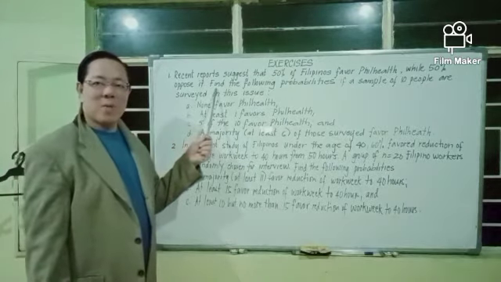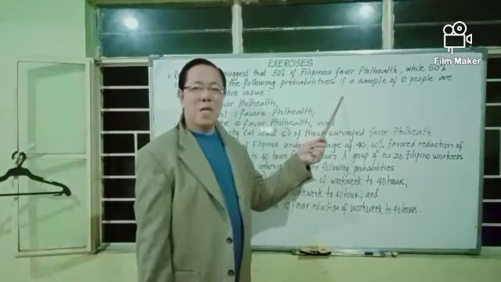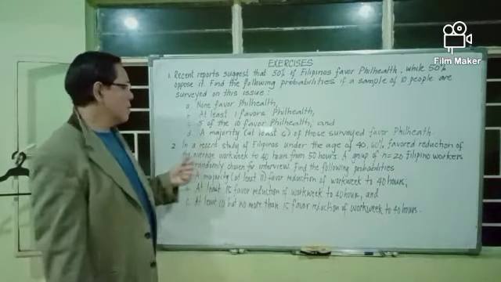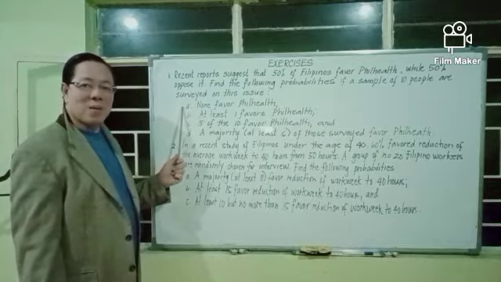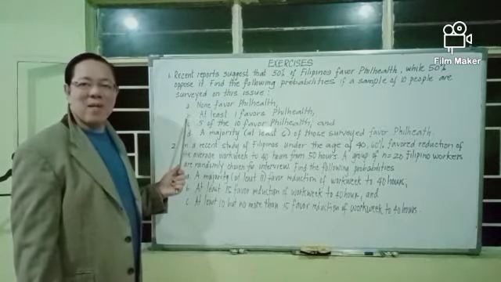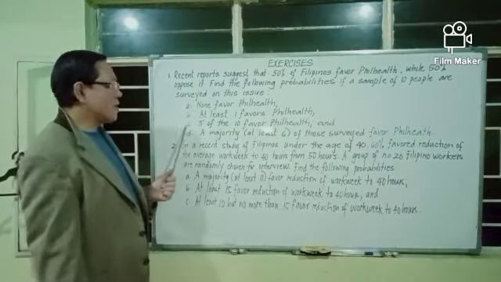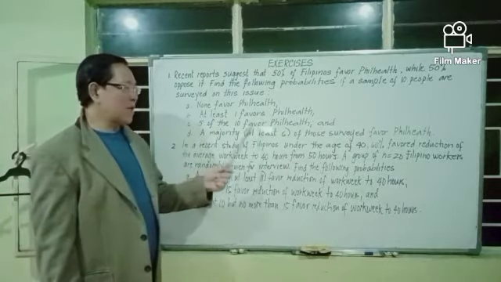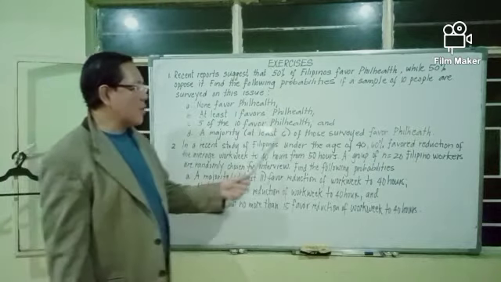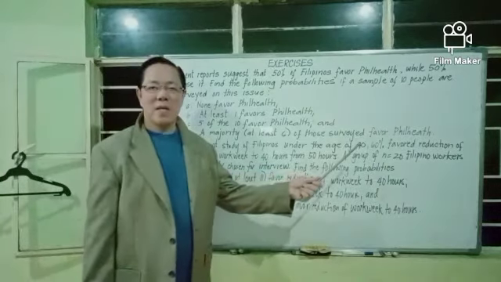Find the following probabilities if a sample of 10 people are surveyed on this issue. Letter A, none favor PhilHealth. Letter B, at least one favors PhilHealth. Letter C, 5 of the 10 favor PhilHealth. And letter D, a majority of those surveyed favor PhilHealth.